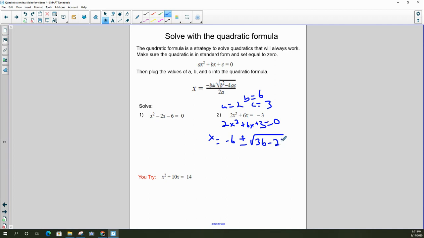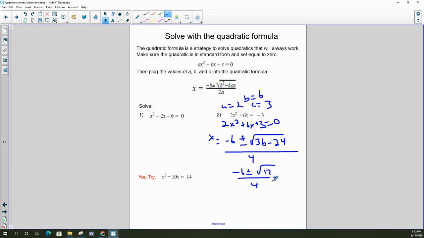I get minus 24. I did the 4ac in my head because the numbers were small enough. 4 times 2 times 3 is 24, all over 2 times 2, which is 4. And so 36 minus 24 is 12. So I get negative 6 plus or minus the square root of 12 over 4.